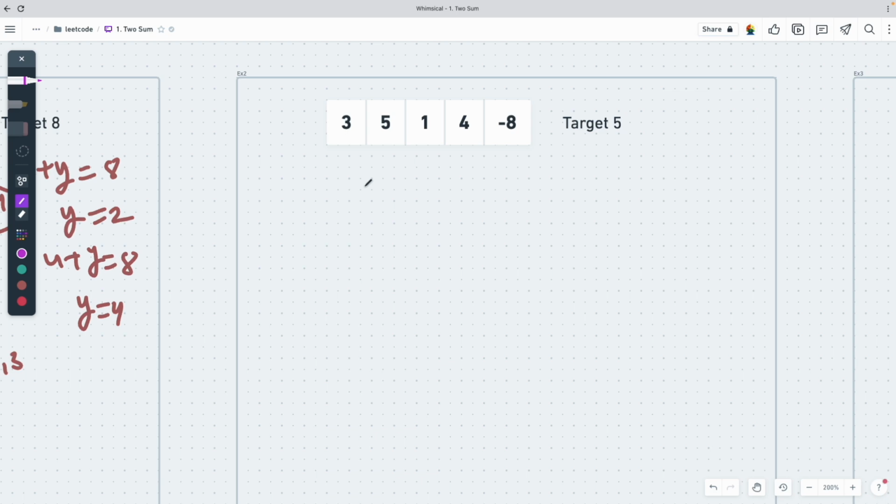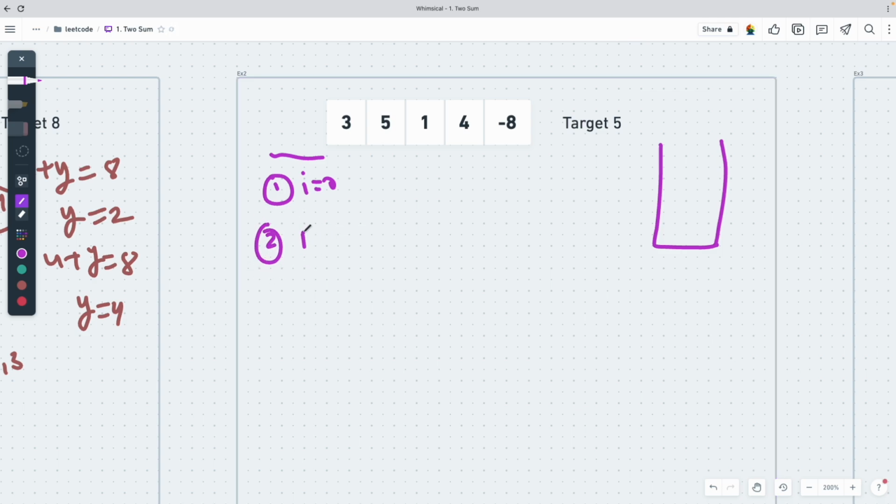Let's see. So we will still have one loop, which is i. So in the first step we have i equal to 0, and we also have a hash map. Okay, i equal to 0, there is nothing in the hash map at this point, so we will check if 5 minus 3, which is 2, is in the hash map. So we are basically checking if any of our history is in the hash map. At 3 there is no history because we are at start, so there is nothing to check actually.